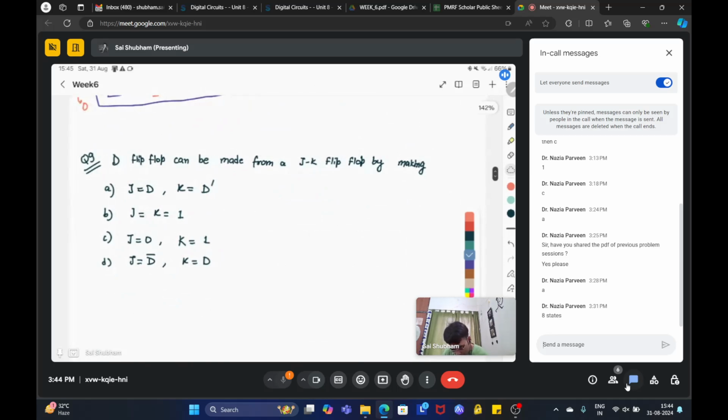So the question says that a D flip flop can be made from a JK flip flop by making. So how can we make a D flip flop using JK flip flop?